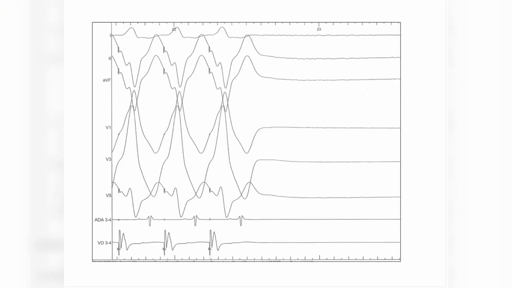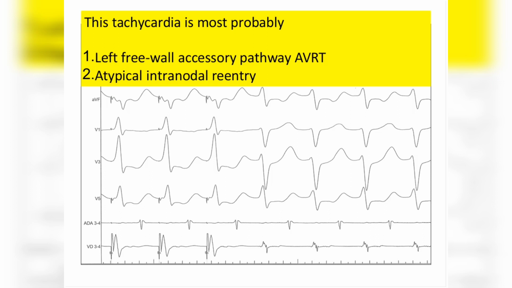You can compare the two of them, and now you should be able to vote only two answers for this question: left free wall accessory pathway mediated tachycardia or atypical AV nodal reentrant tachycardia. What do you think is the most likely answer?